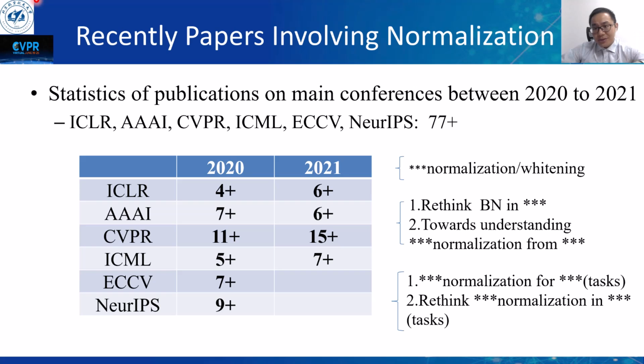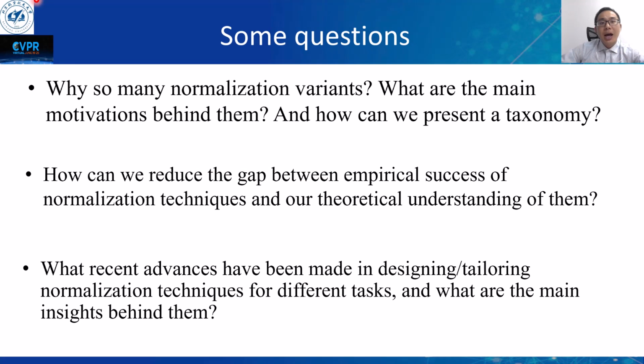The titles of these papers often look like this, for example, certain normalization or whitening, or rethinking batch normalization in certain tasks, or towards understanding certain normalization from a certain perspective, and so on. We can see normalization techniques are an active research topic because they are widely used in various network architectures and heavily affect the performance of different tasks.